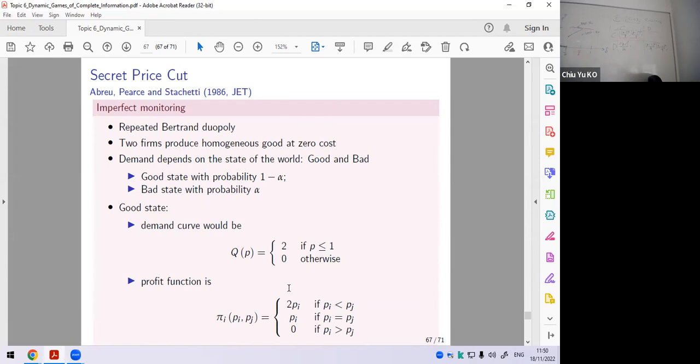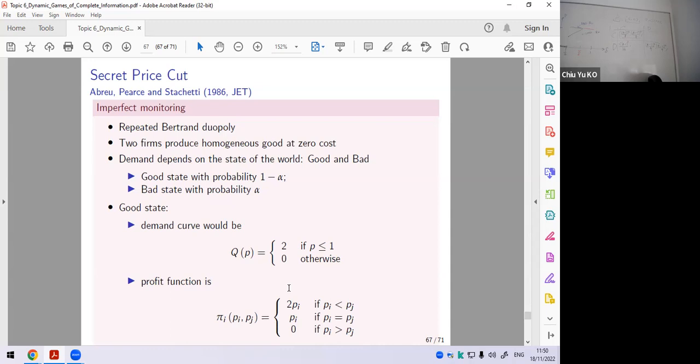I have zero profit. Every period I decide my price, and I can only observe whether I got a profit or not. But I don't know whether zero profit is due to a recession, or it's just the other guy being nasty. Is that a clear setup?